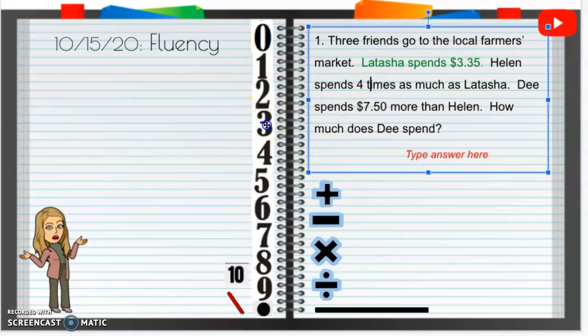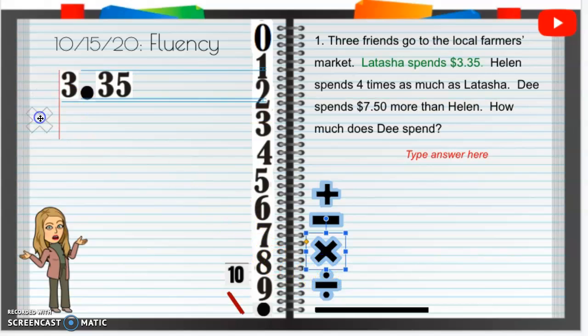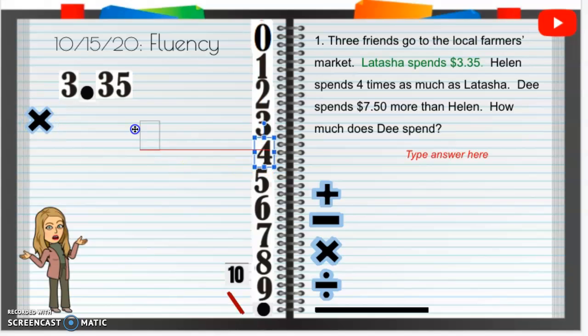So $3.35. Do I need to line up my decimals if I'm multiplying decimals? Nope, no we don't. So times 4, because she spent 4 times that. Now we can multiply.